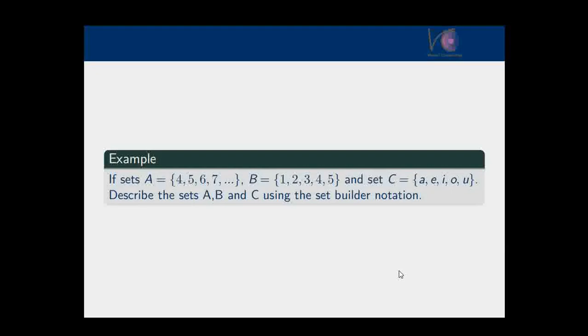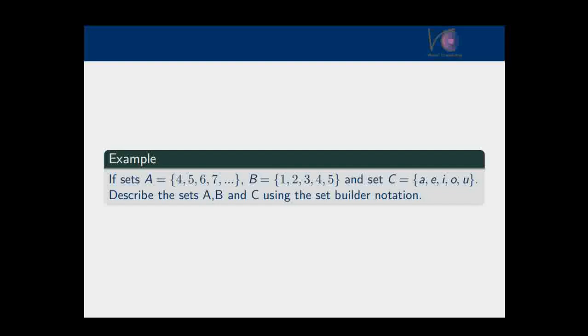Yes. So you have the set A there, which is an uncountable set. You have set B, a countable set. And set C, guess what set it is? It is also a countable set. A, E, I, O, U, those are vowels. Describe the sets A, B, and C using the set builder notation.